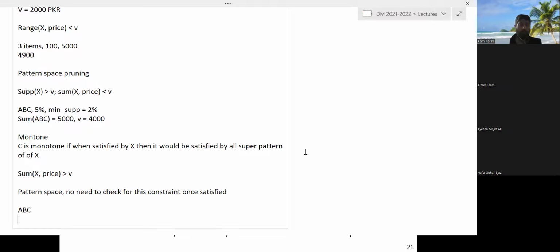So anti-monotonic constraint would produce greater efficiency in the a priori framework. Okay? Of course, monotonic constraint would reduce overhead as well, but the benefit would be much smaller as compared to the anti-monotonic constraint.